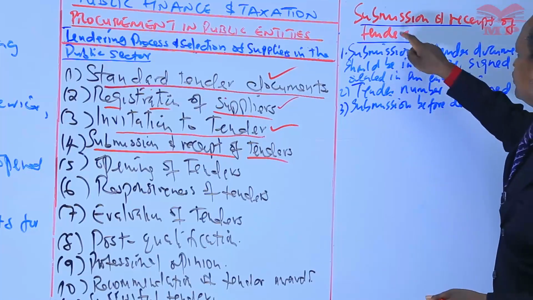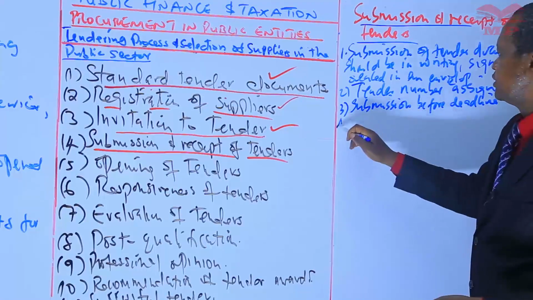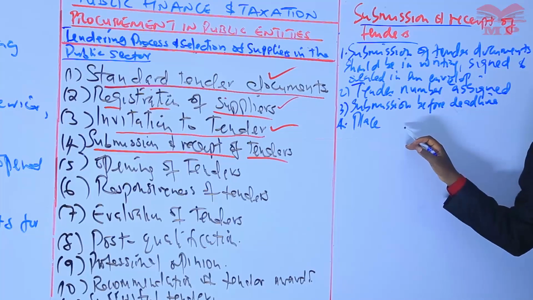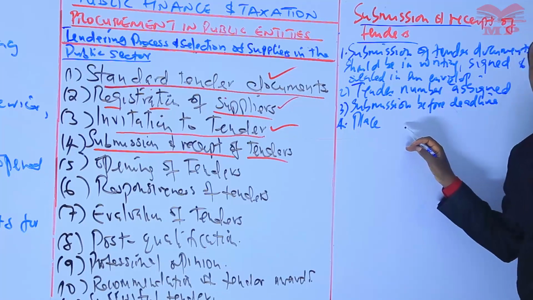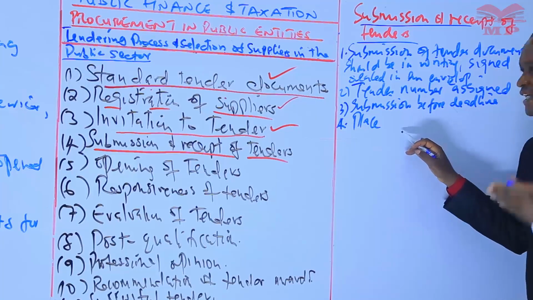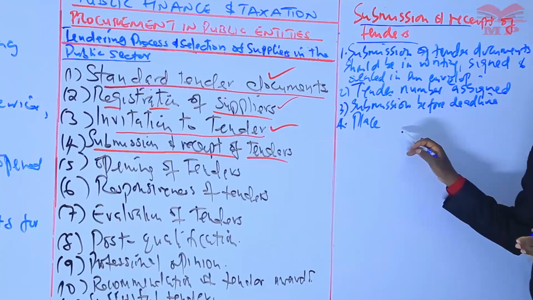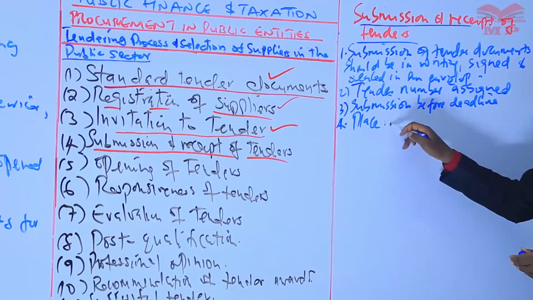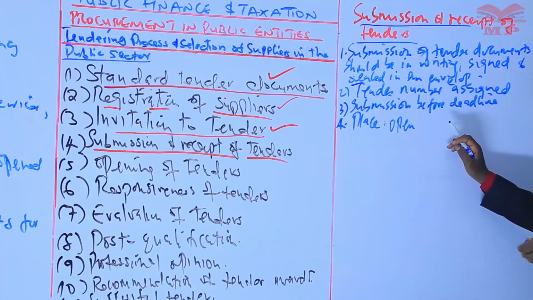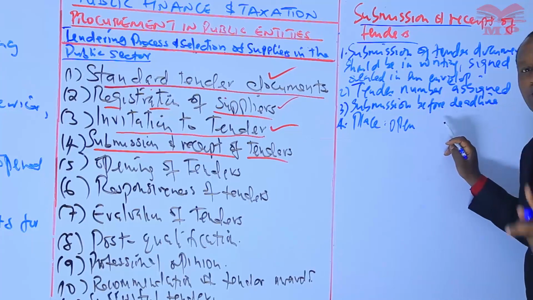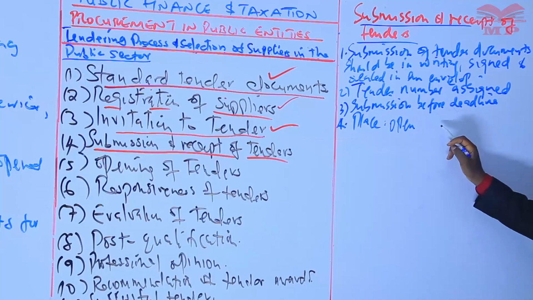We are discussing submission of tenders. Another point is in relation to the place. The procuring entity should ensure that the place or site where tenders are submitted is open. And it should not just be open, it should be open and accessible.